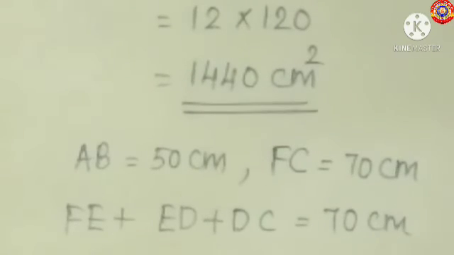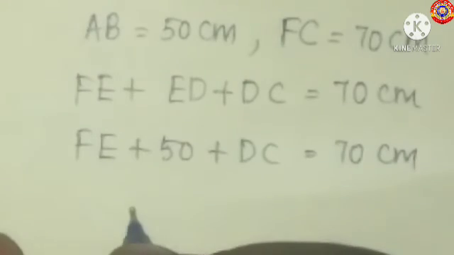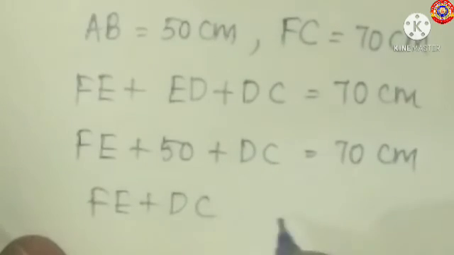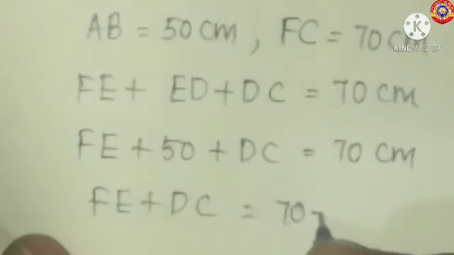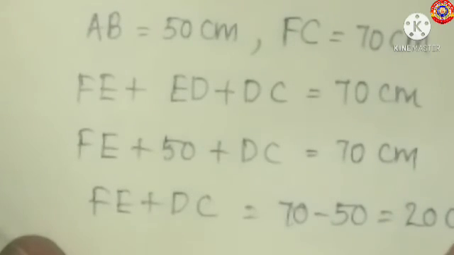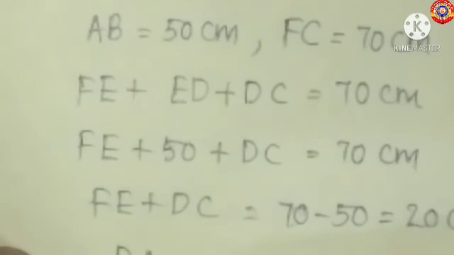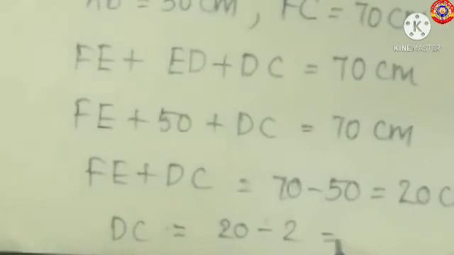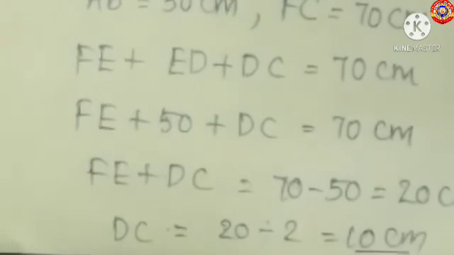From this, we can write FE plus 50 plus DC equal to 70 centimeter. Why? Because ED is having the same length as AB which is 50. Now FE plus DC equals 70 minus 50, which is equal to 20. So DC equal to 20 divided by 2, which is 10 centimeter.